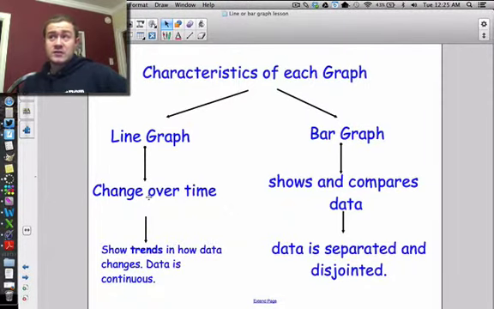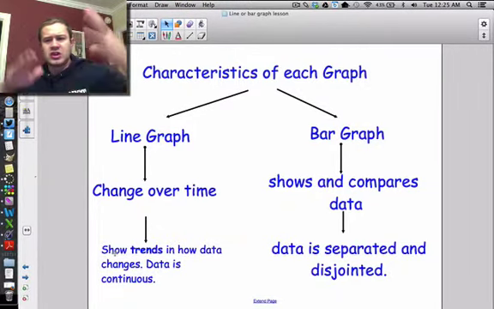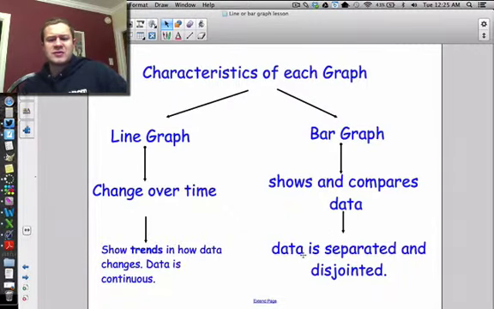Another difference is how the data is represented as well, not just because of lines. Line graphs show trends and how that data changes. It's continuous. It gradually changes. That's why we use a line graph. Whereas with bar graphs, the data is separated into different bars and it's disjointed.